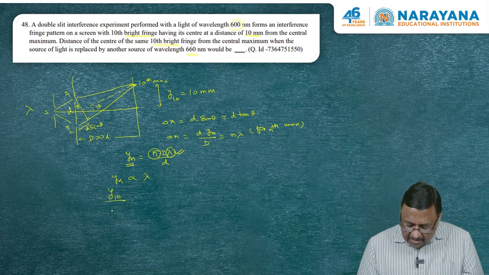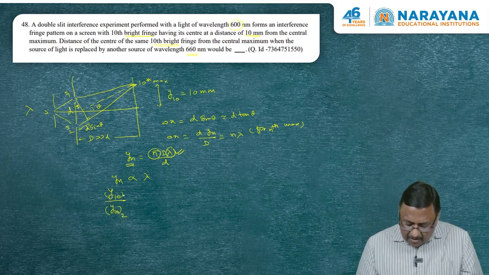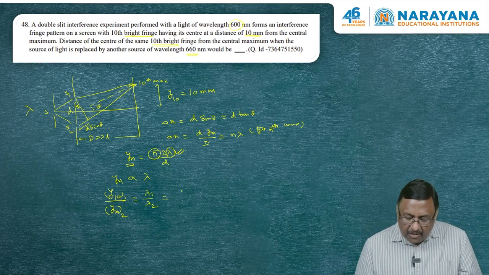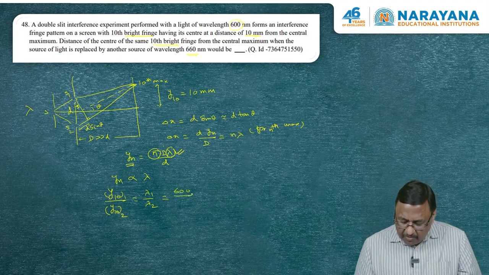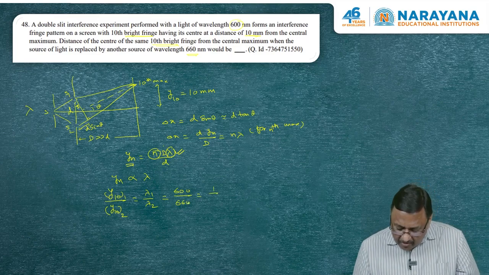So y10 in the first case over y10 in the second case is lambda 1 divided by lambda 2. Lambda 1 is given as 600 nanometer, lambda 2 is given as 660 nanometer, so it is 10 upon 11.